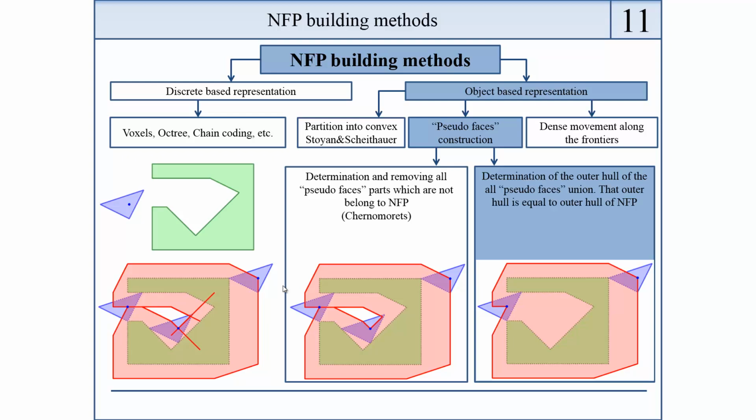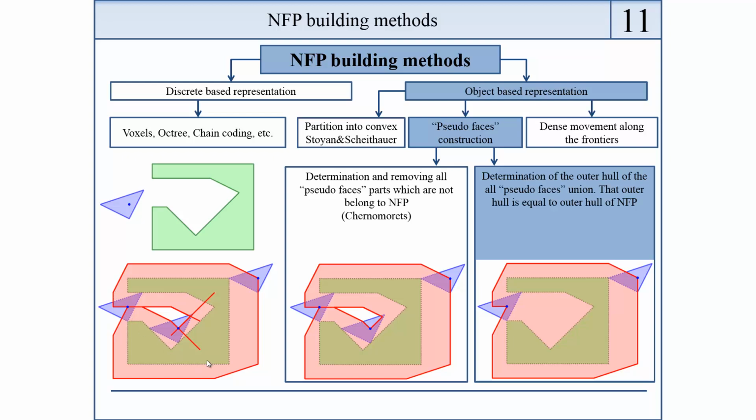It's based on the construction of pseudofaces. That term was introduced by Chernomorets. Pseudoface construction for a two-dimensional case is shown on the left picture. To construct them, it's necessary to consider all cases of objects' contact.